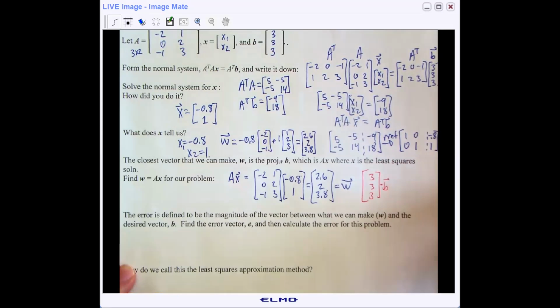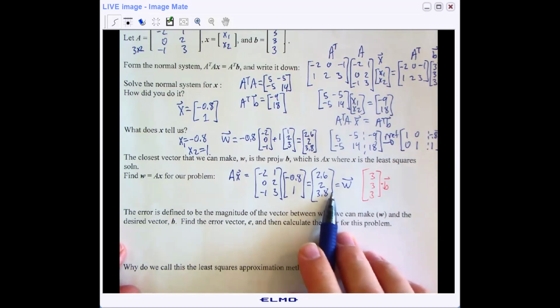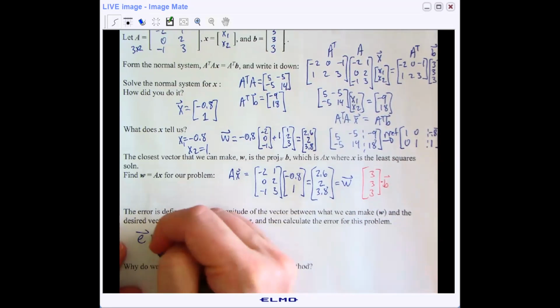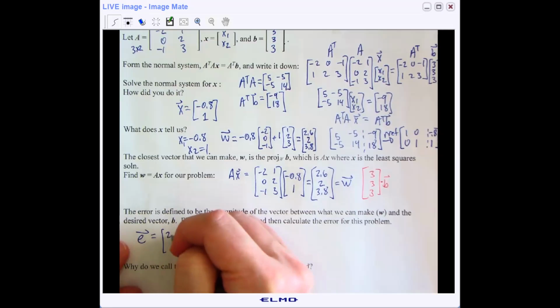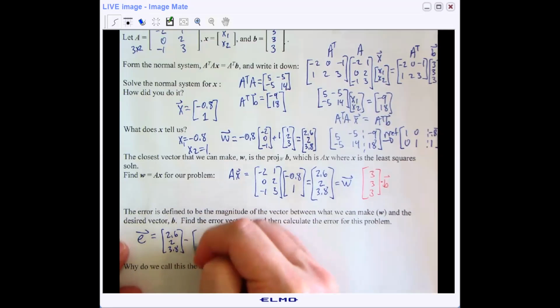That was our original B vector. Okay. And as we mentioned just a second ago, the error vector is the difference between these two. So the error vector would be 2.6, 2, and 3.8 minus 3, 3, 3.